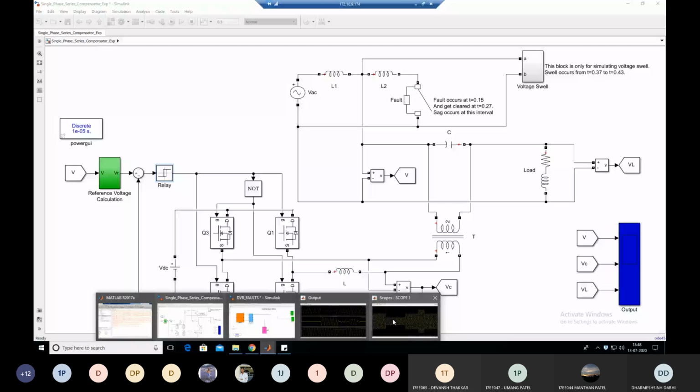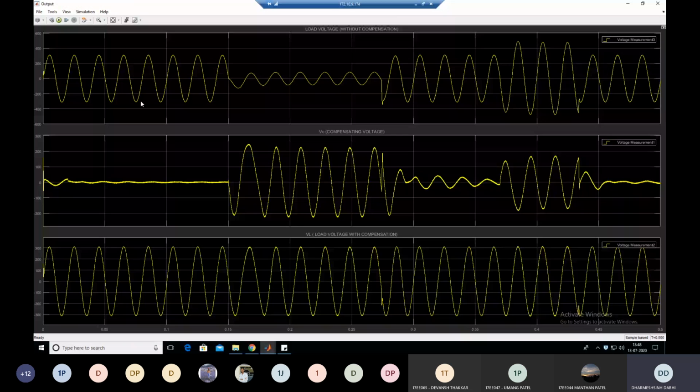Initial time between 0 to 0.15 second, up to this point, the voltage measured by this voltmeter is the same as the supply voltage. Clear? With a peak value of 311 volt, because there is no power quality problem between the duration 0 to 0.15 second.